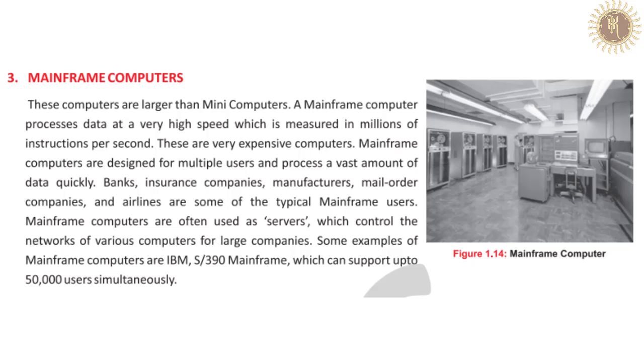Banks, insurance companies, manufacturers, mail order companies, and airlines are some of the common mainframe users. Mainframe computers are often used as servers, which control the networks of other computers for large organizations. An example of a mainframe computer is the IBM S390 mainframe, which can support up to 50,000 users simultaneously.